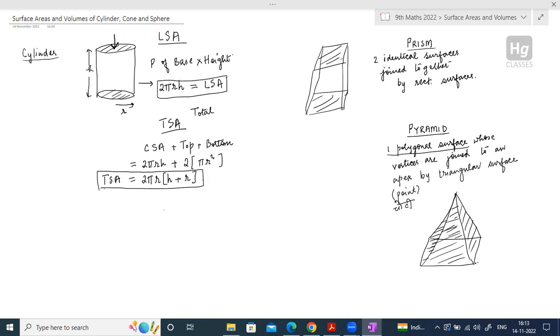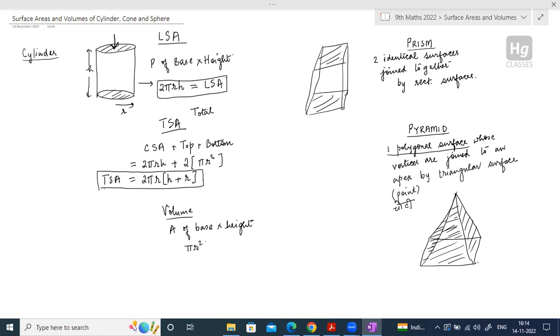Next is volume. Volume of any prism, there is a standard formula: area of the base times its height, right? Now, what is the area of the base for a cylinder? We just used it. Pi r square.